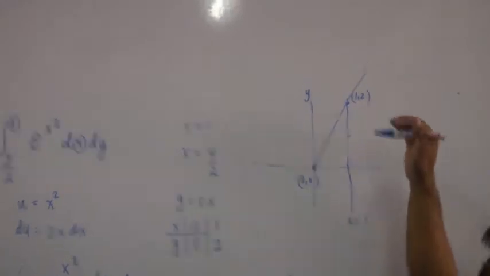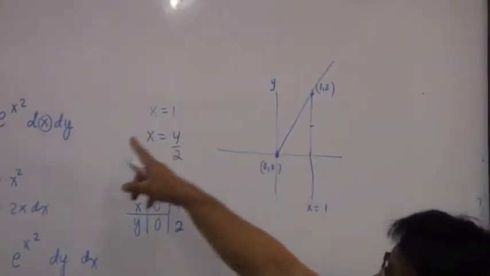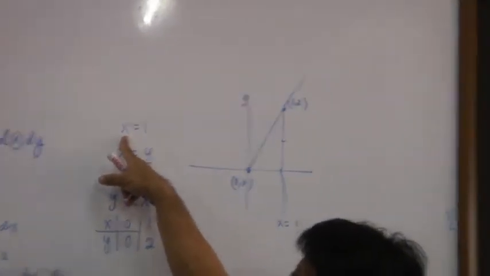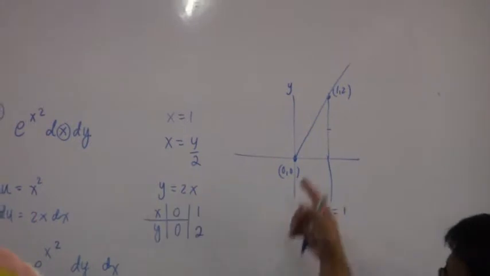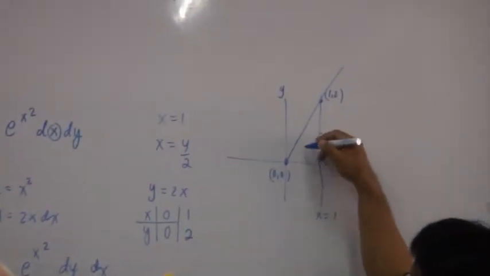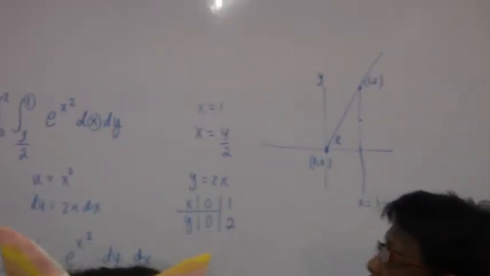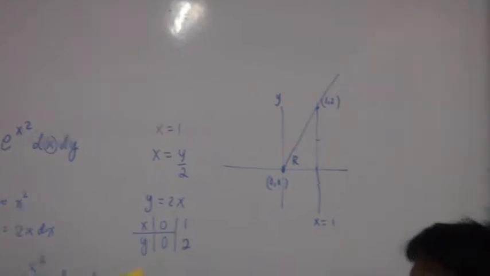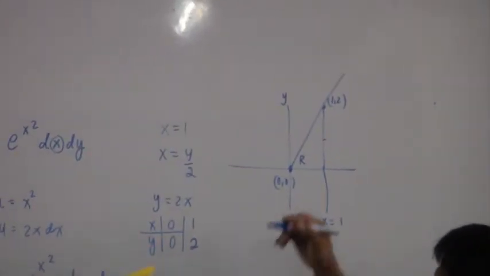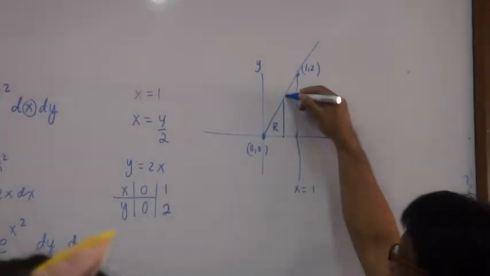So this is now the region for the given curves x equals 1 and x equals y over 2. With this region, we can identify the new limits when we reverse the order of integration. So what strip are we going to use? We make use of the vertical strip. Why?